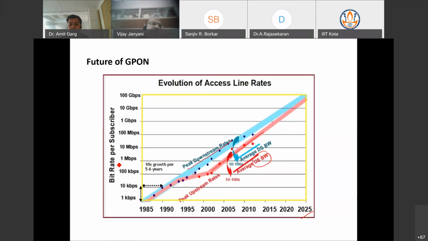So the bit rate per subscriber, you can see right now we are somewhere here. We are almost there, 100 Mbps we are getting. Maybe not in our part of the world, but people might be getting 100 Mbps. I think here also 100 Mbps is now becoming very common. Reliance and Jio, all of them, are giving 100 Mbps.